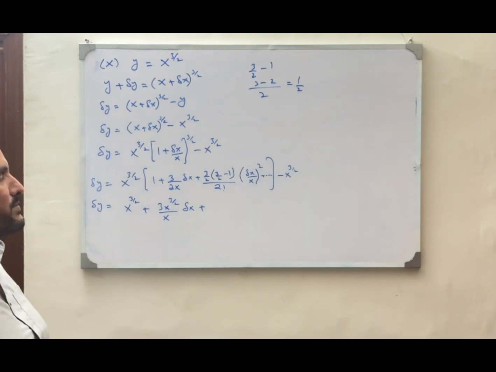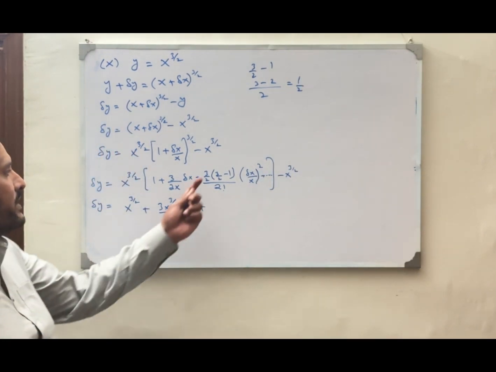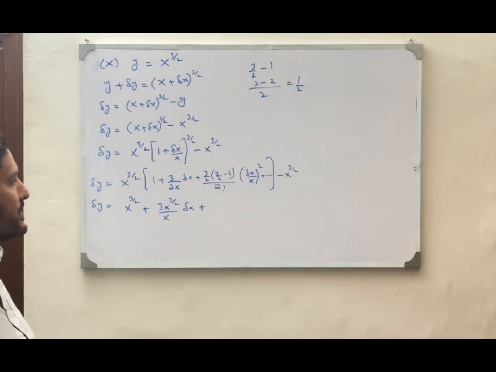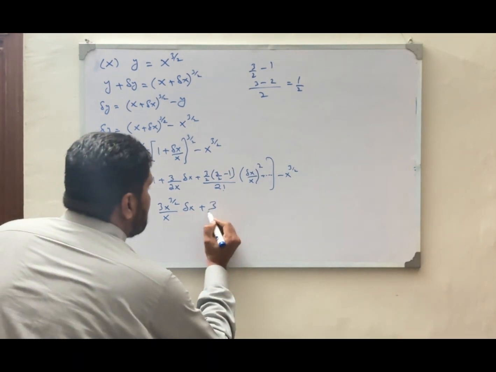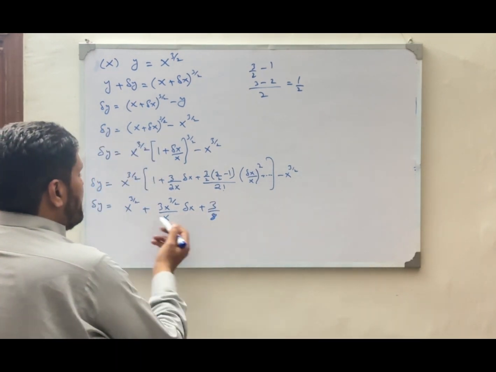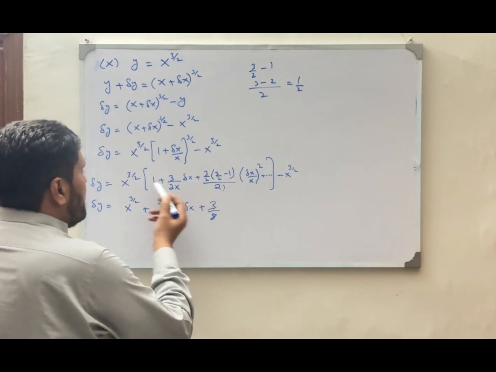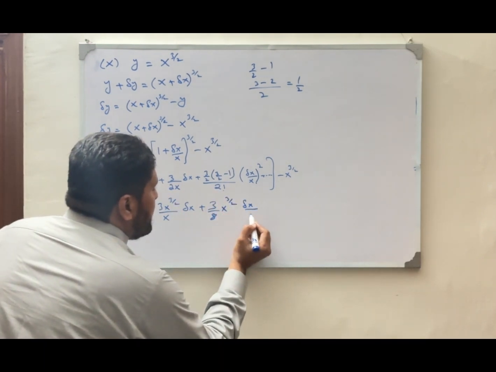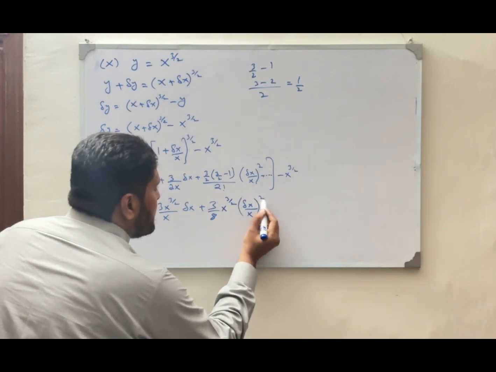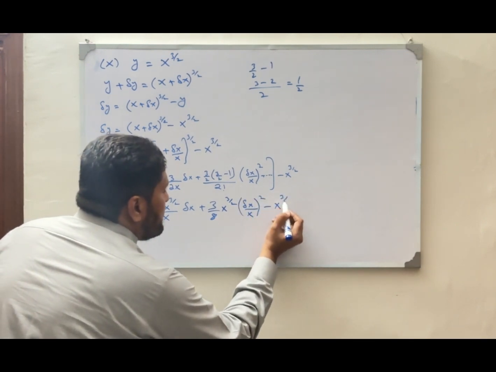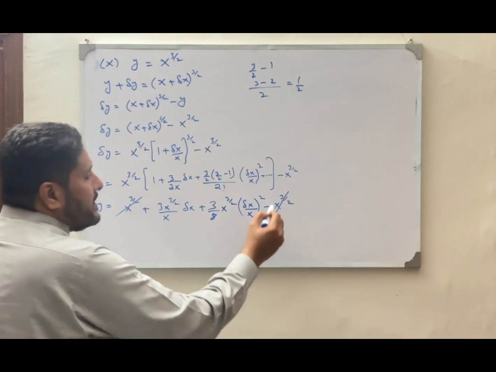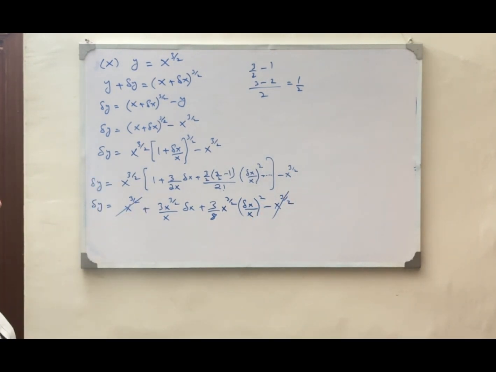So 3 by 2 minus 1 is equal to 1 by 2, and 1 by 2 multiplied by 3 by 2 will become 3 by 4, and divided by 2 factorial, that will give us 3 by 8 into x power 3 by 2 into (delta x by x) whole square, minus x power 3 by 2. So this x power 3 by 2 will be cancelled by minus x power 3 by 2.